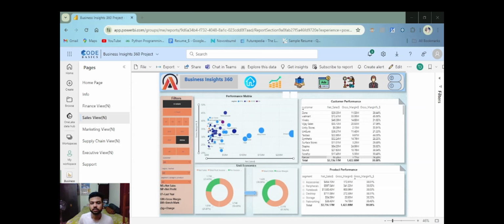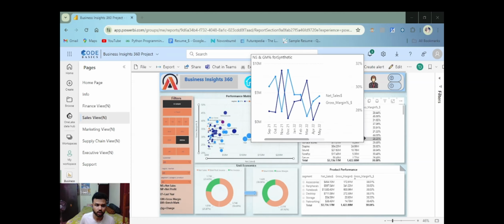Now coming to the right side, we can see two tables based on customer performance and product performance. Both tables focus on key performance of the customers and products of Atlic in respect to net sales and gross margin.